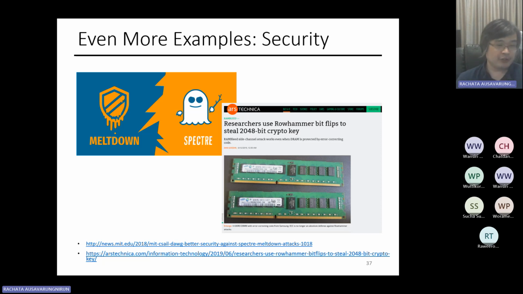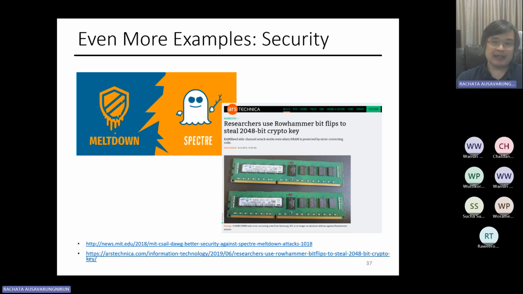What happened is we discovered I can change the data of someone else's program by just running certain things in assembly, by keeping reading and making sure DRAM reads this row of data. And because of how physics works, it can flip this row. So I'm trying to access my own data here. And this is someone else's data. But because I keep accessing this data, the data here flips.